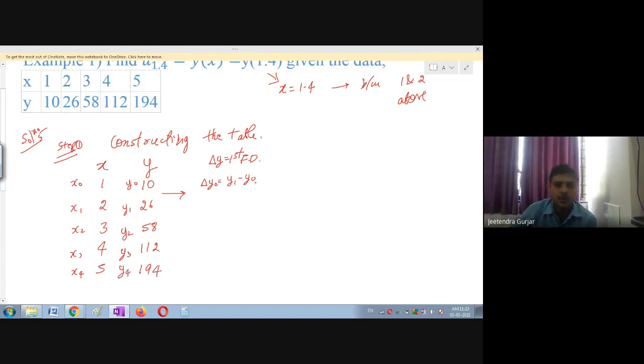Use this formula, y1 minus y naught. It is 26 minus 10. Please tell me the answer. Yes, students, please calculate.